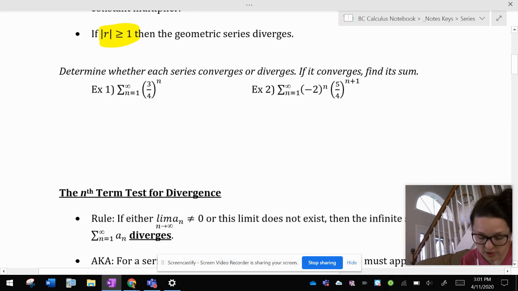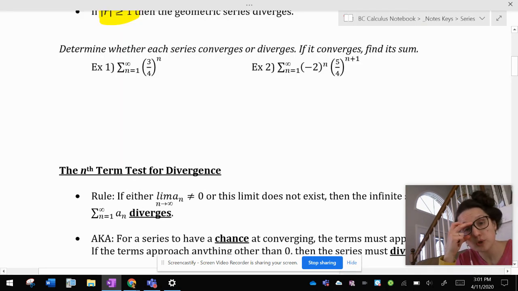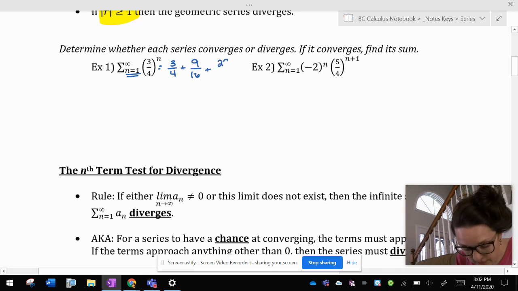So if I come down here and say, all right, here's some series. Are they going to converge or diverge? I'm going to write out the first couple of terms and just see what they look like. So if I start with n equals 1, I would have 3/4. When n equals 2, I'd have 9/16. When n equals 3, 27/64, and so on. And I'm going to look at that and say, is that geometric?